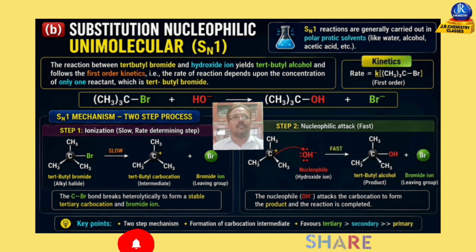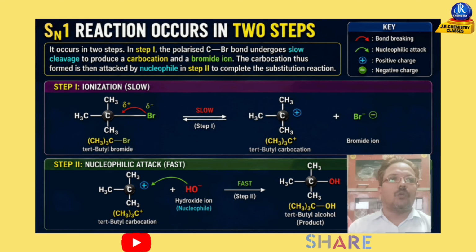(CH3)3CBr reacts with the nucleophile hydroxide ion, gives (CH3)3COH with Br minus ion. It occurs in 2 steps.